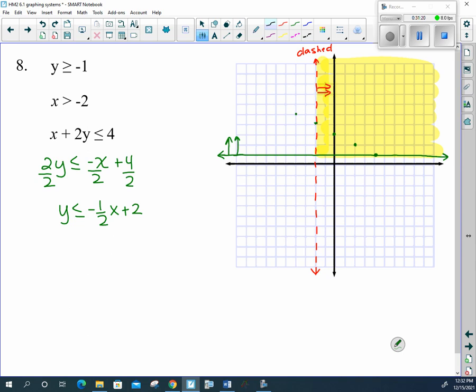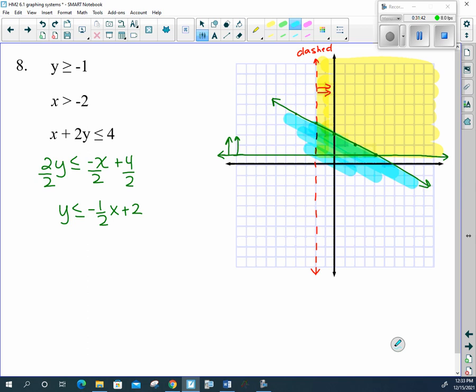Okay. And that's a solid line. And then less than or equal to would be shading below that. So if I'm shading below that line, then it's just this green piece right here, this triangle piece. That's our solution set.